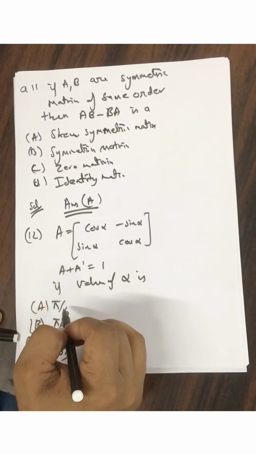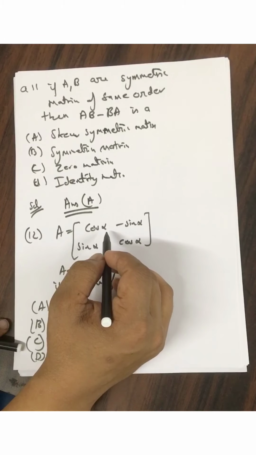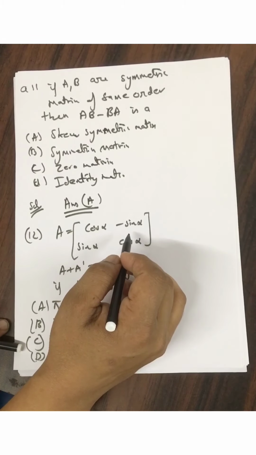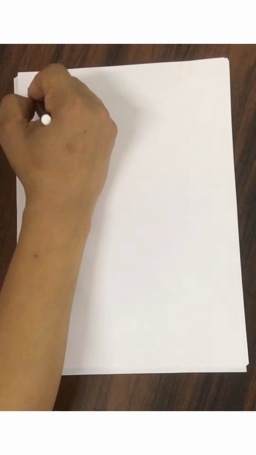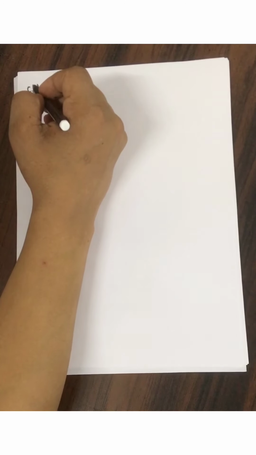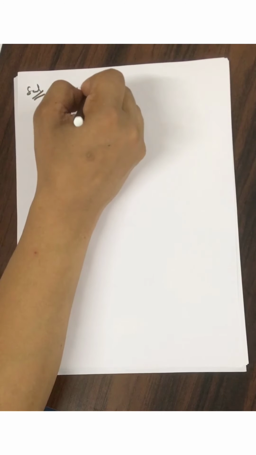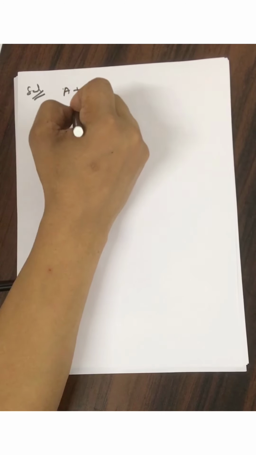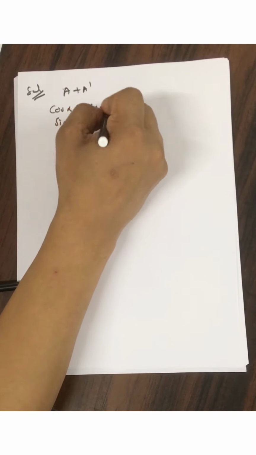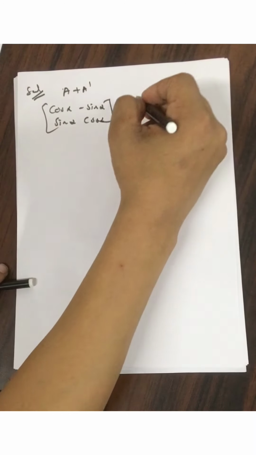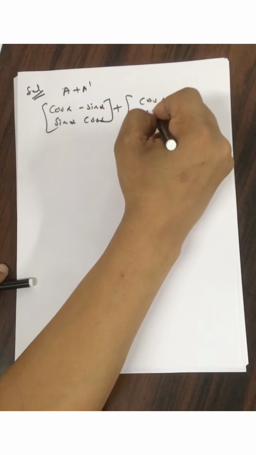Another way of finding this is, instead of putting values, you can also solve it. You can find A plus A transpose, that is cos alpha, minus sin alpha, sin alpha, cos alpha, plus its transpose. Cos alpha stays, the sin alpha goes over here, and this goes over here.